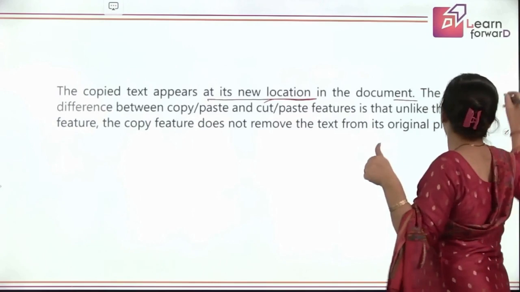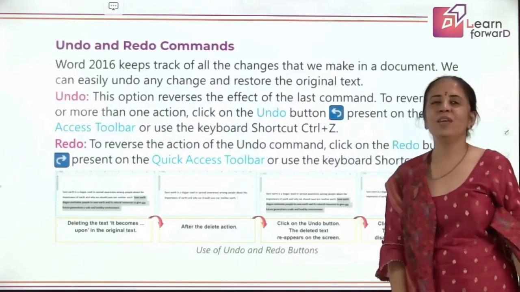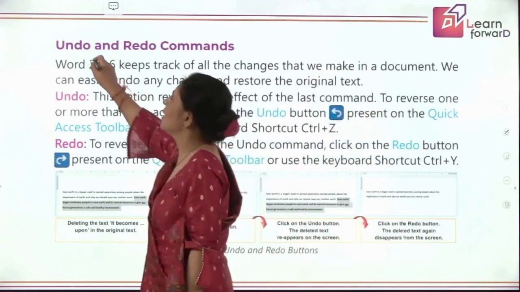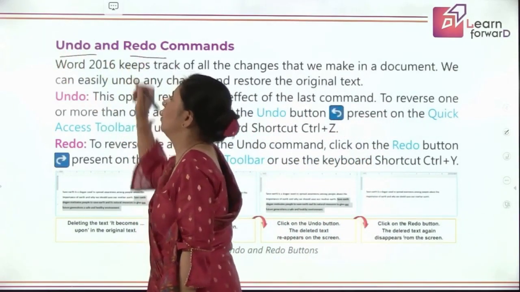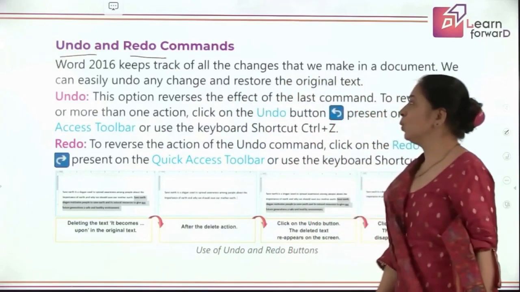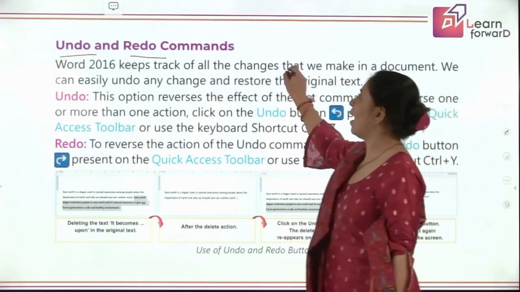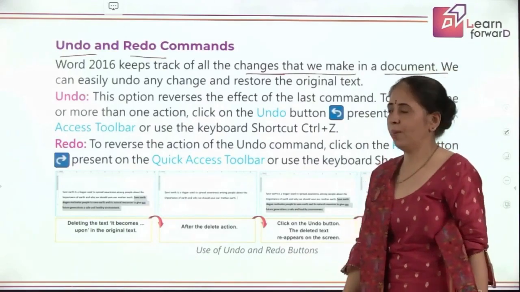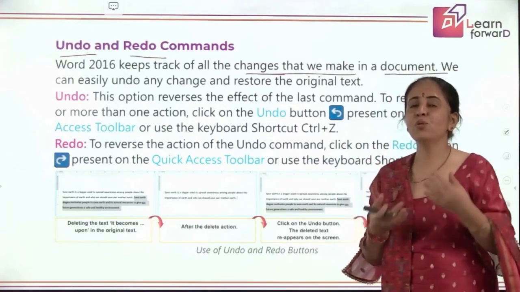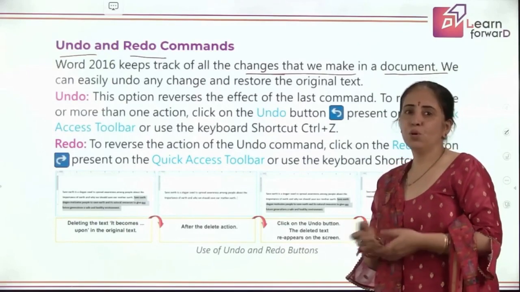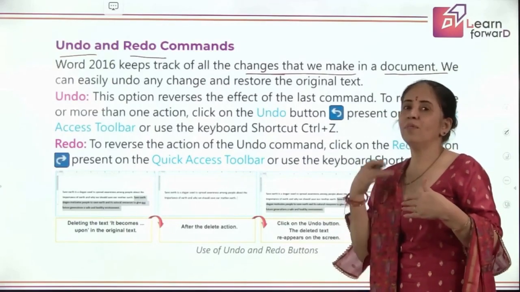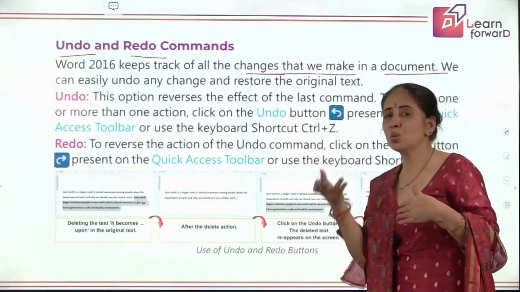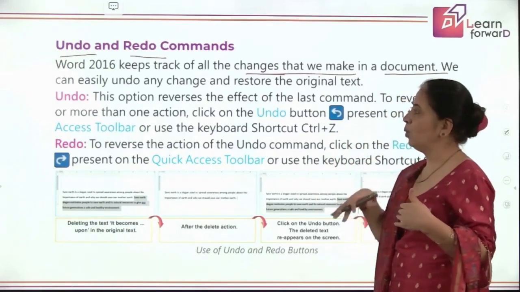Quickly show me your thumbs up. Good. And now we have two more very interesting commands, that is undo and redo. Children, Word 2016 keeps track of all the changes that you make in the document. So sometimes if you make a mistake and you want to undo what action you have taken recently, that is already stored in the memory, we can undo it.